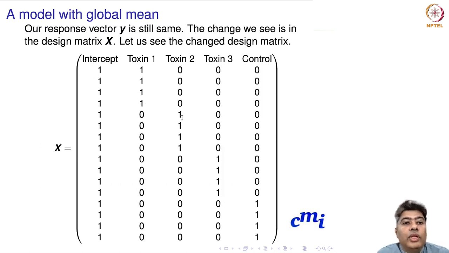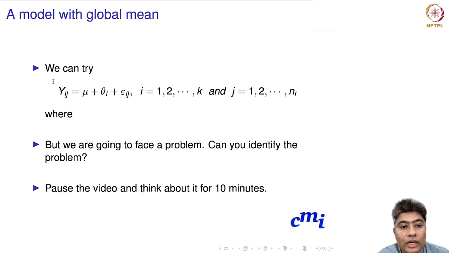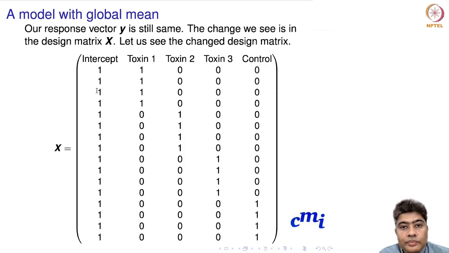I believe now you have got the idea of what problem you are going to face. We know that in this case our response vector will still be the same. If you look into the model, the only change we are going to see is in the design matrix.